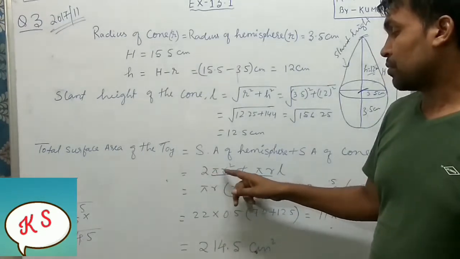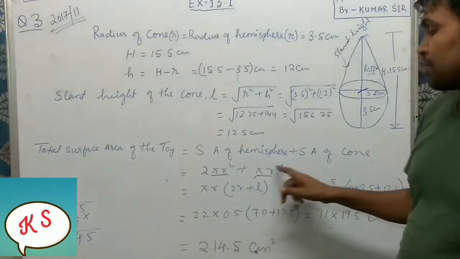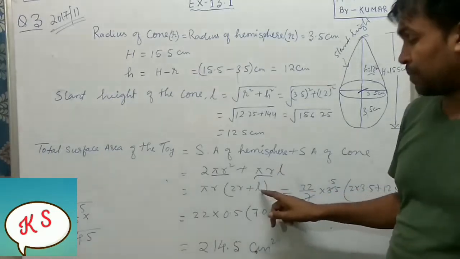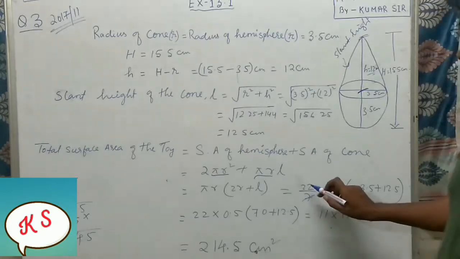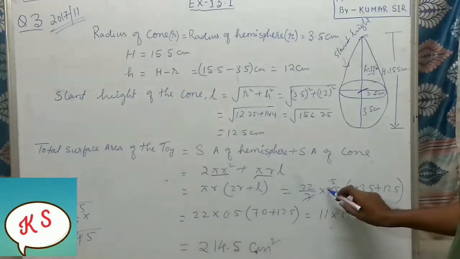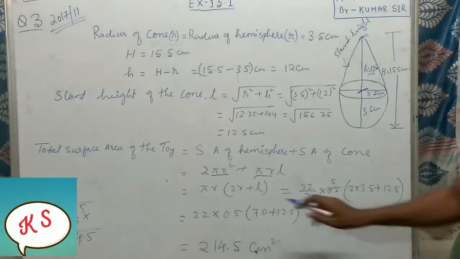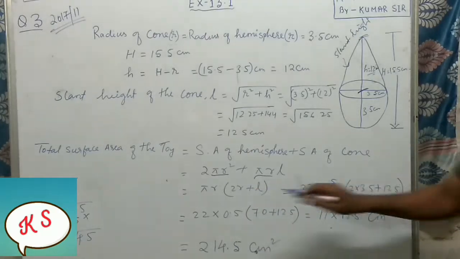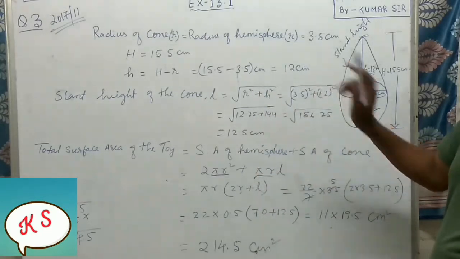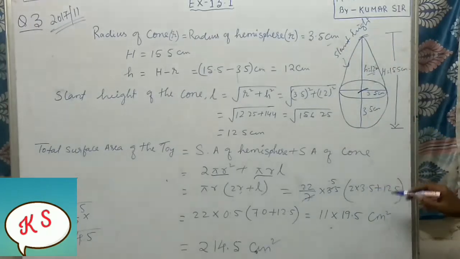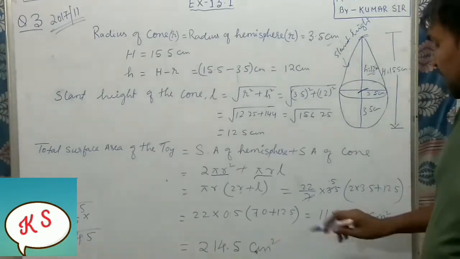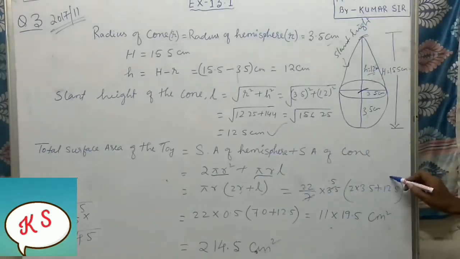What is left is 2 into r plus L. So pi value is 22 by 7, into 3.5, bracket 2r, with r value 3.5, plus the value of L, the slant height, which we got and substituted here.